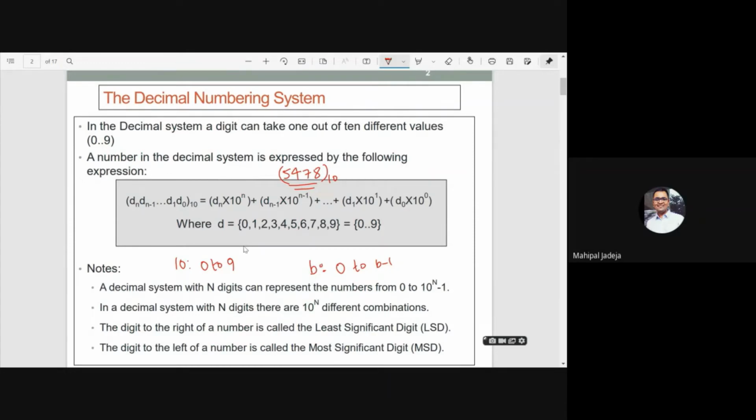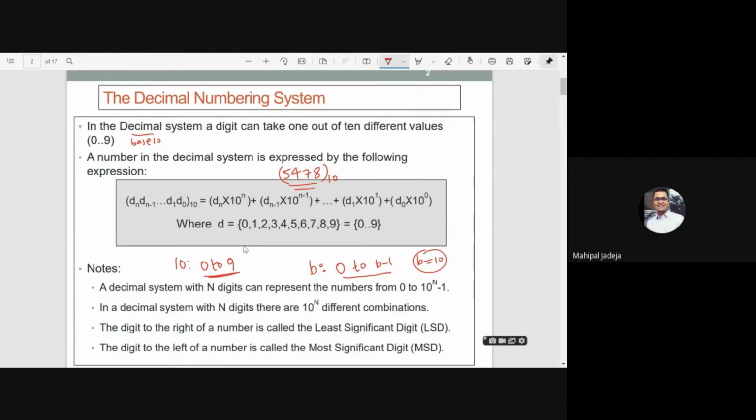So that's the idea of this definition of base. Now I'm talking about the decimal number system. Decimal means base 10. Whenever I say base 10, that means 10 different values are allowed. And again, like I mentioned just now, numbers will start from 0 and go up to b minus 1. In the case of the decimal number system, the value of b is 10, so it will go up to 9. Only digits from 0 to 9 are allowed.